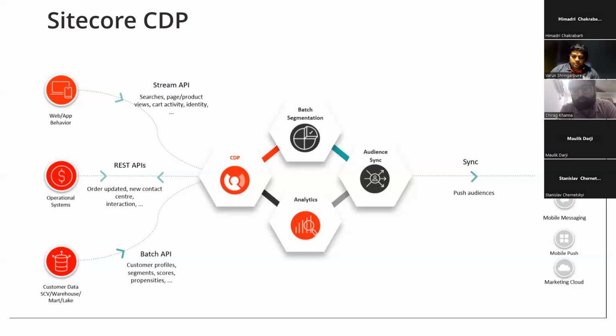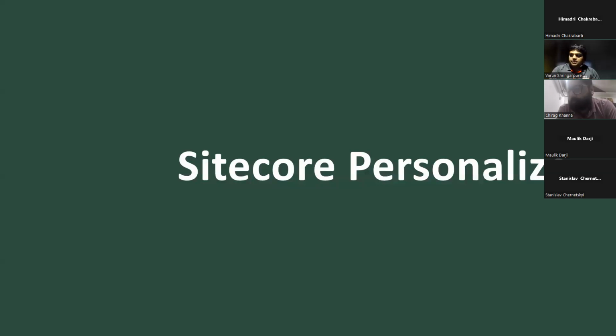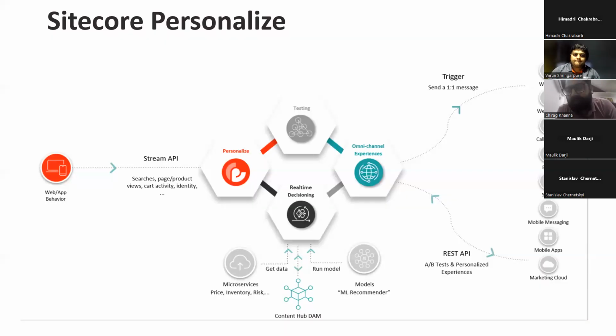Let's look at Sitecore Personalize, and I'll request Chirag to help us get through Sitecore Personalize here. Yeah, sure. Thanks. So as we noticed, like Sitecore CDP, we have data ingestion. Basically, Sitecore CDP we can use for data ingestion. Now, Sitecore Personalize is basically used for personalizing your experiences.